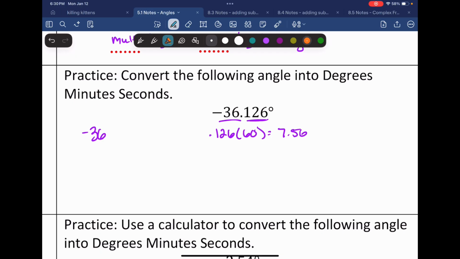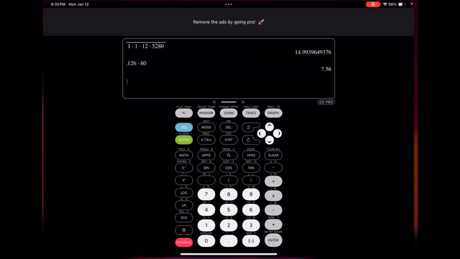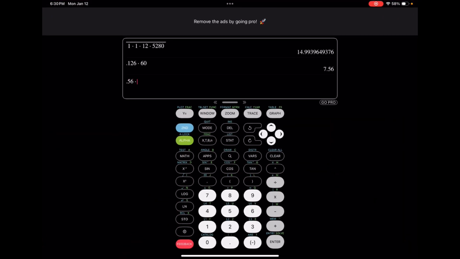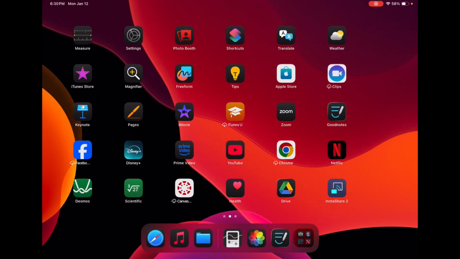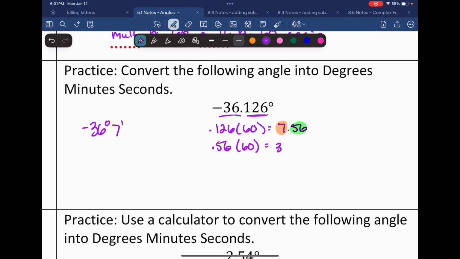Then we take that whole number and it becomes your minutes. I take the remaining decimal, the 0.56, and multiply it by 60 again. So 33.6. And that becomes your seconds.